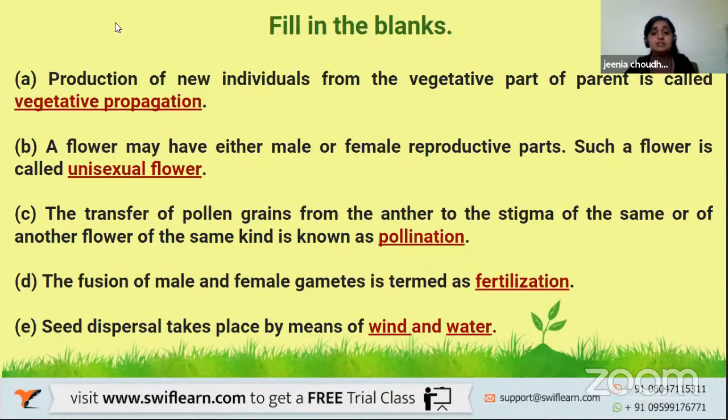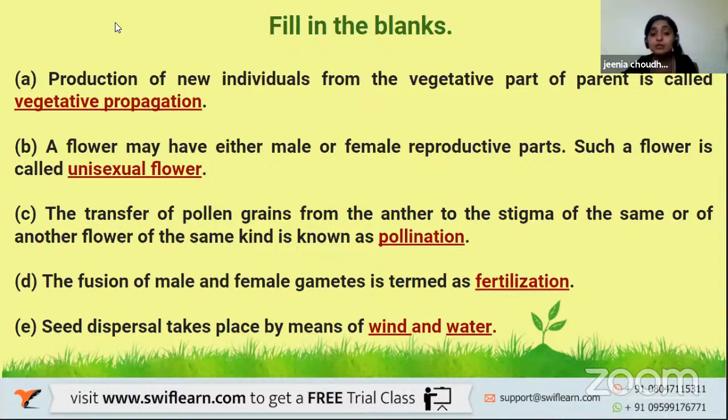So here I have written down the answers as well. If you want to take a look, we'll go through them once again, one by one. Production of new individuals from the vegetative part of the parent is called vegetative propagation. A flower may have either male or female reproductive parts; such a flower is called a unisexual flower.